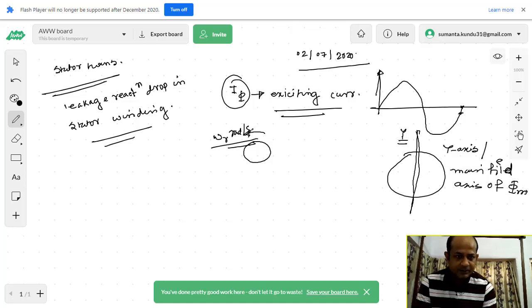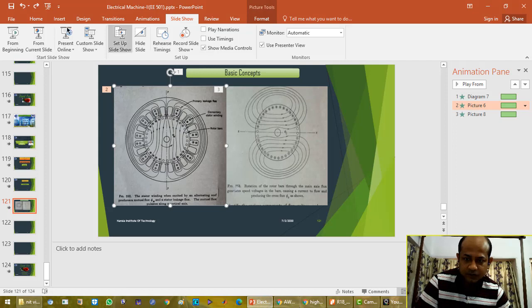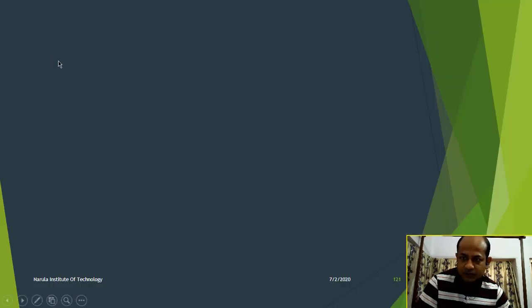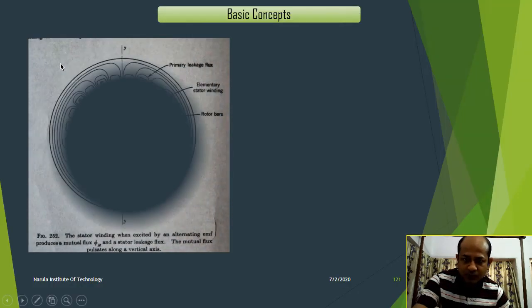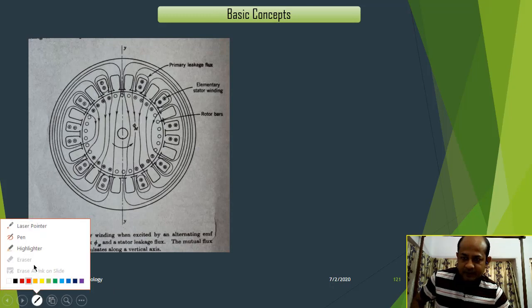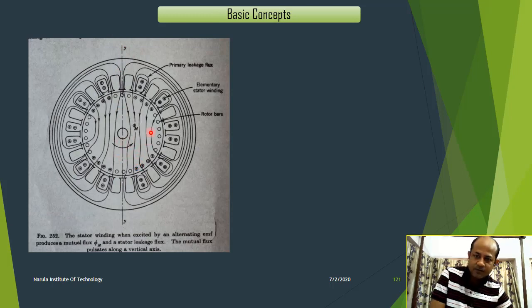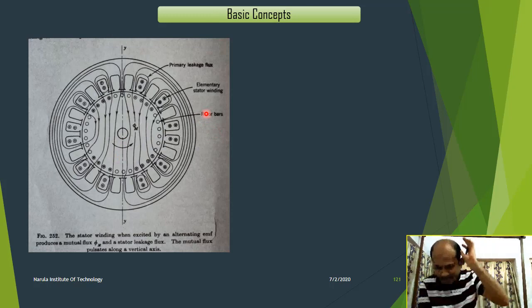So what will happen? The rotor bars cut this main flux. So this is my direction of main flux along the y-axis. As the rotor starts moving, this rotor bar will cut the magnetic flux and generate voltage due to speed EMF.